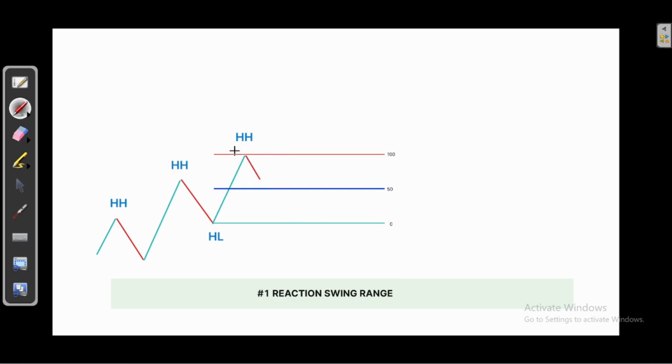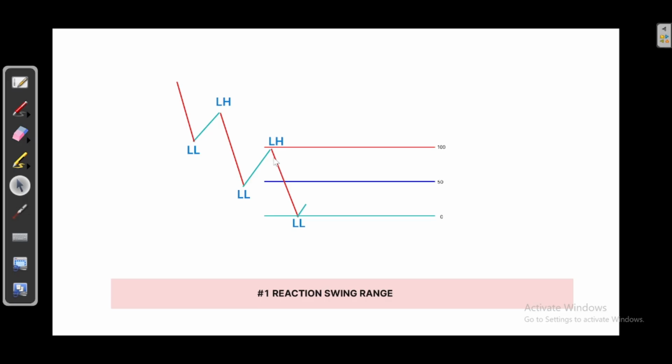Anytime I identify the range of the market, the RSR, I will place my Fibonacci only to identify the 50 level so that I will know the area where I'll be looking for opportunity to enter the market, right? So this is a downtrend. The market is moving in a downward direction. This is the recent lower high, the recent lower low.